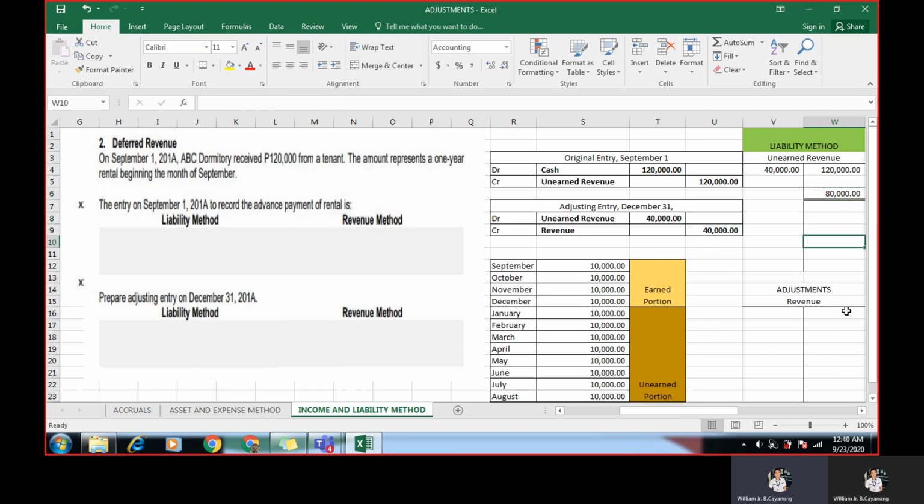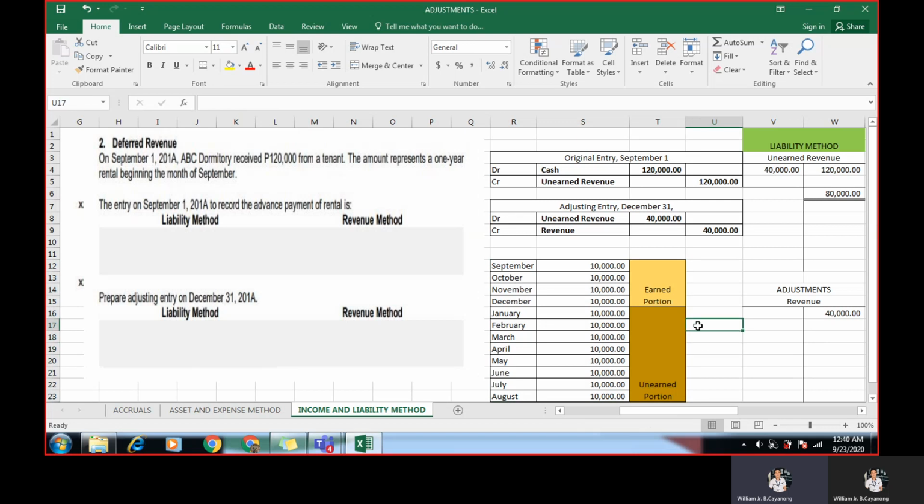So we credit 40,000 for the revenue. First, the original entry is 120,000, which is this one. But at the end of December 31, we reduce 40,000 because it has been earned. So debit unearned revenue, credit revenue. You will be guided by the schedule so you know if our answer is correct.